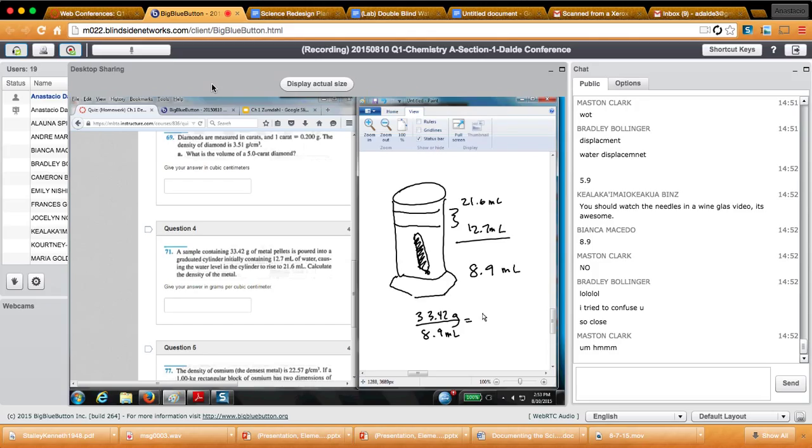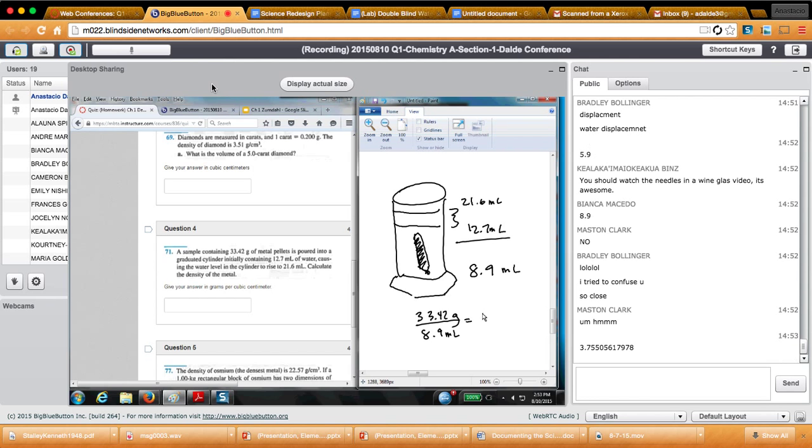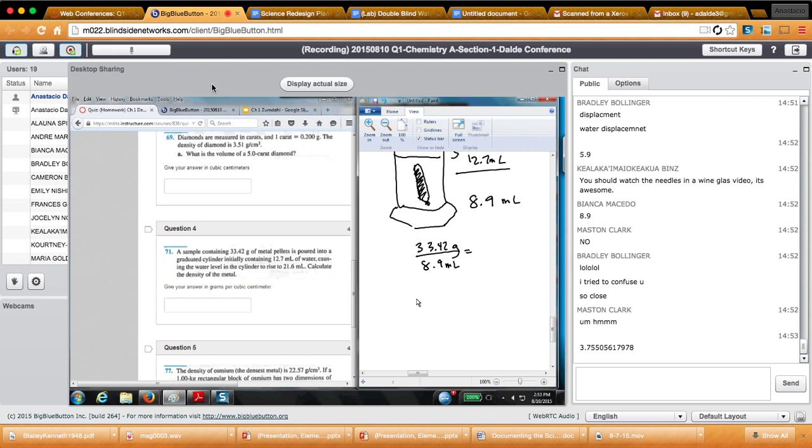That's always a possibility. Do you get 3.7? All right, 3.78876. Somebody got 3.755. Anyway, I'm just going to write 3.8 grams per milliliter.